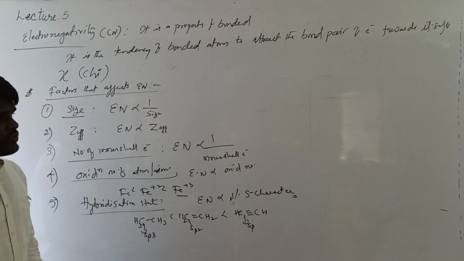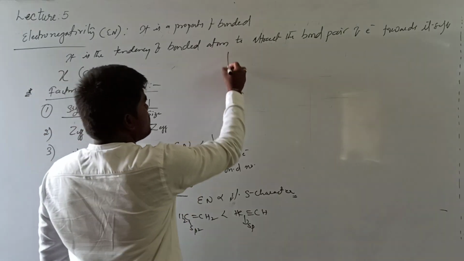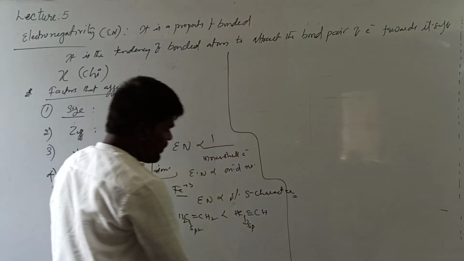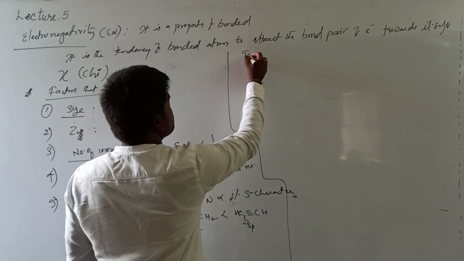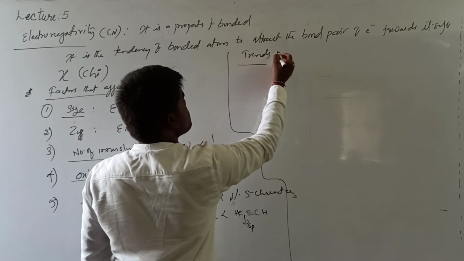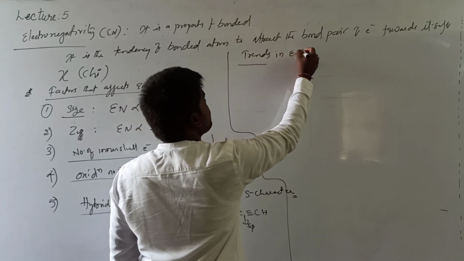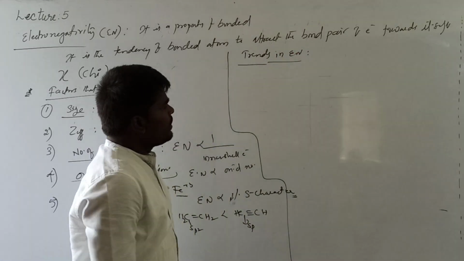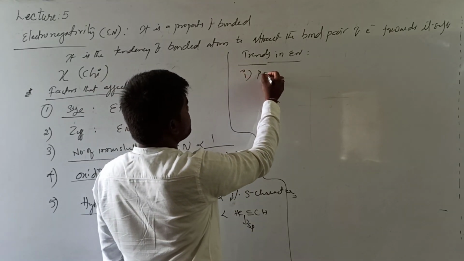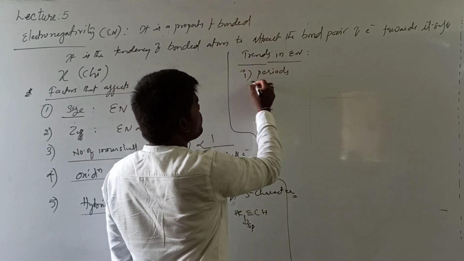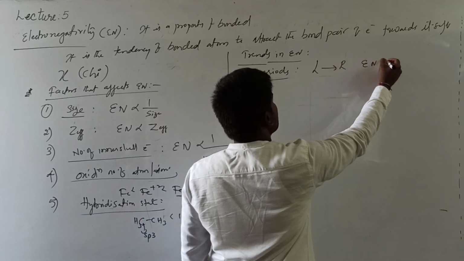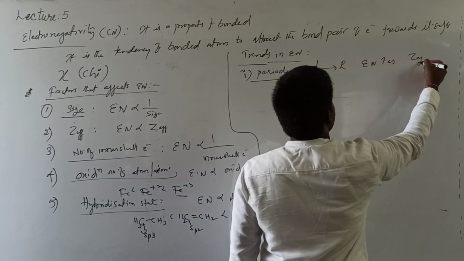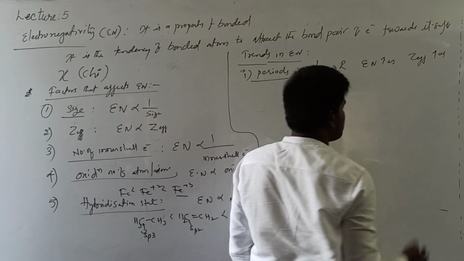These are the factors which generally affect the electronegativity. Now we are talking about the trends in electronegativity. First of all, let us see periods. In periods, left to right, generally electronegativity increases as Z effect increases.